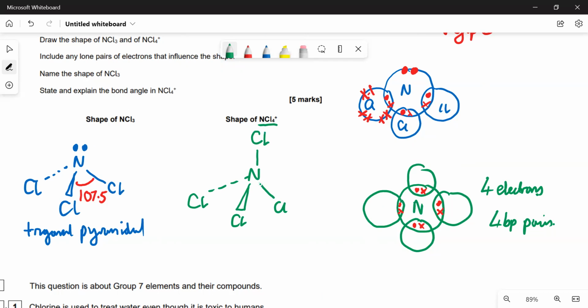Okay, so what's the bond angle going to be? Well, it's going to be 109.5. Why is it going to be that? Well, all the 4 bonding pairs are going to repel each other as much as possible, and that is how they can get as far away from each other as possible, by forming that tetrahedral shape there.